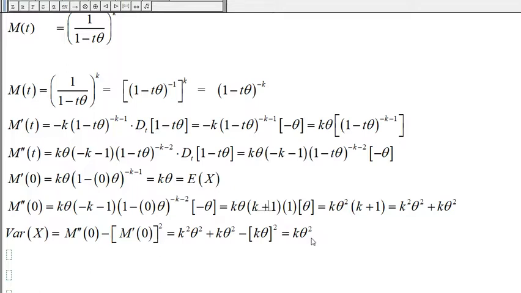So for the random variable x with the gamma probability density function, this is the moment generating function. And all of this just shows how the moment generating function is related to the expected value of x and the variance of x.